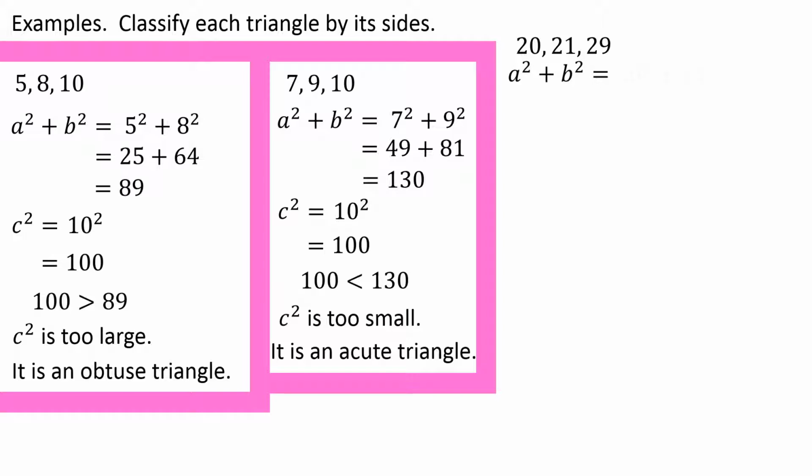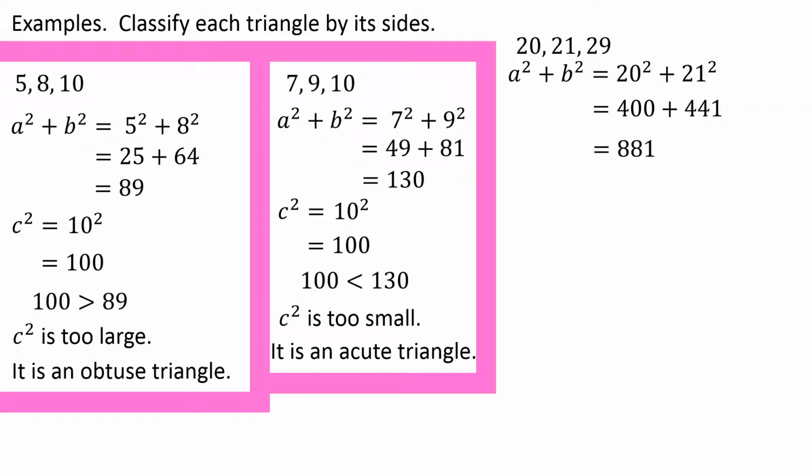Well, 20 times 20. Now, you should probably be able to figure out 20 times 20 either with mental math or real quickly with pencil and paper. But when you get something crazy like 21 times 21, grab a calculator. 20 times 20 is 400. 21 times 21 is 441.